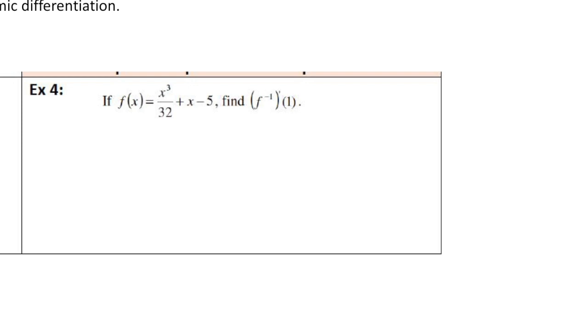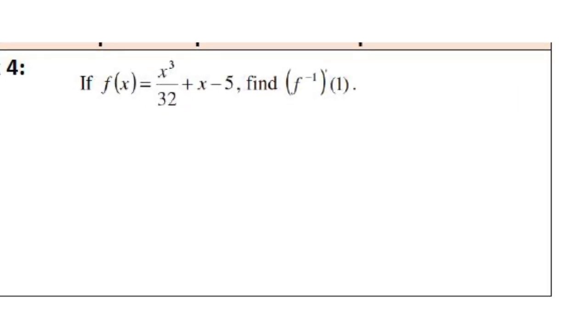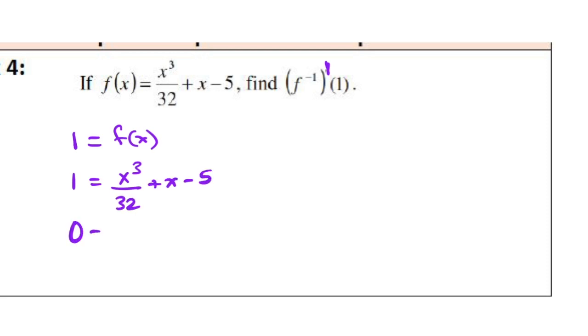So let's take a look at example 4. For example 4, we're looking for the inverse derivative at 1. So what we know is that 1 must equal f of x. And therefore 1 must equal x cubed over 32 plus x minus 5. Solving this equation, we're going to have a nice little cubic, and you may use your calculator to solve, or you might even be able to do it in your head. You come up with x is equal to 4. So next we need the derivative of f of x.